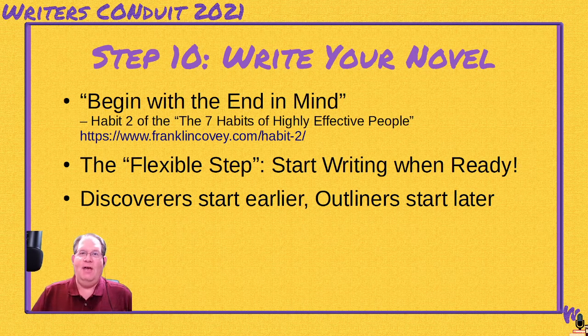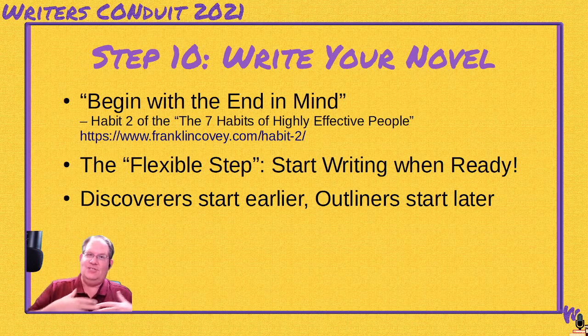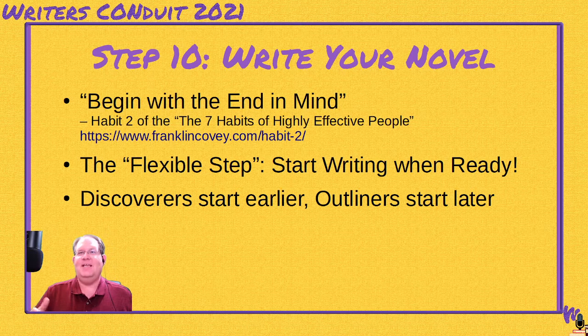Once you feel you have enough information down to get going, hey, go for it and write that first novel. Now, I favor outlining, so I go through all 9 steps and then I write my novel. But if you want to do it earlier, you're more than welcome to do that.